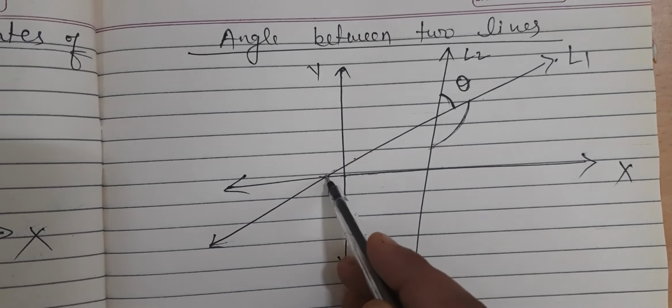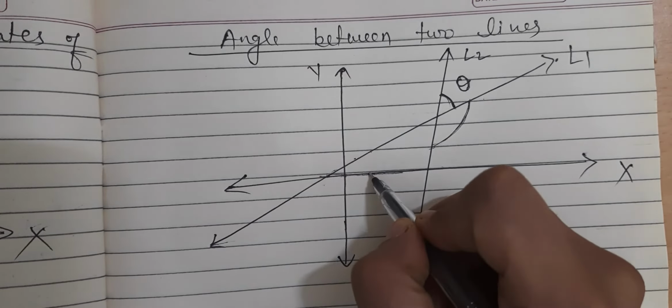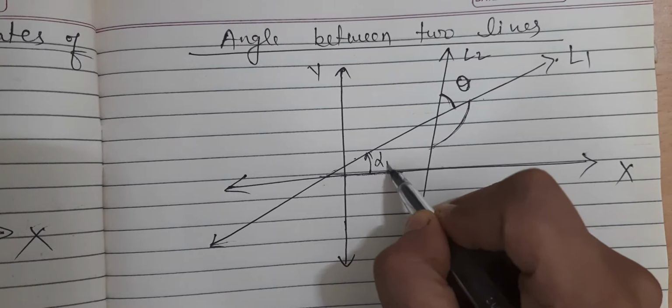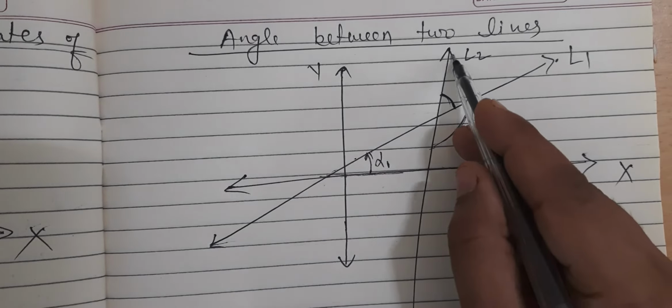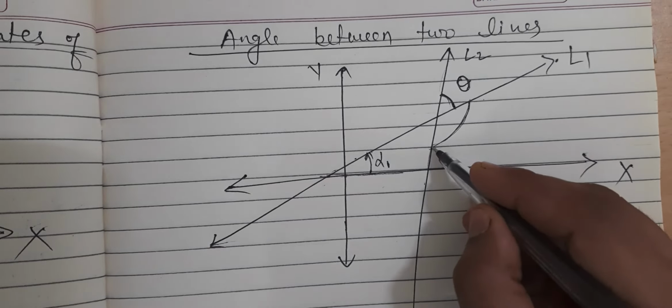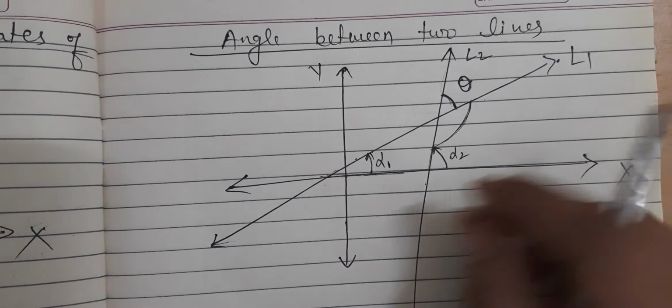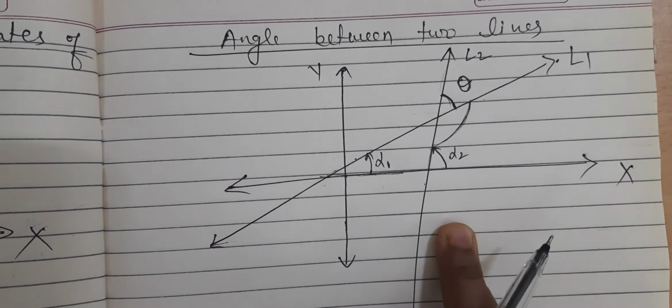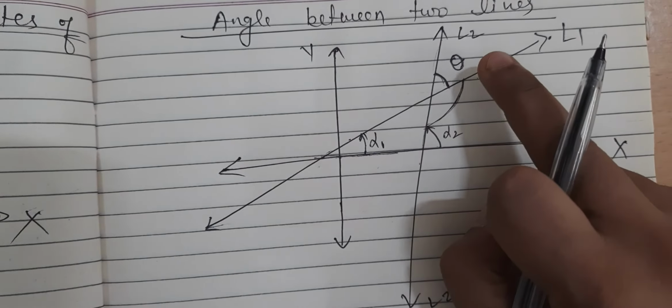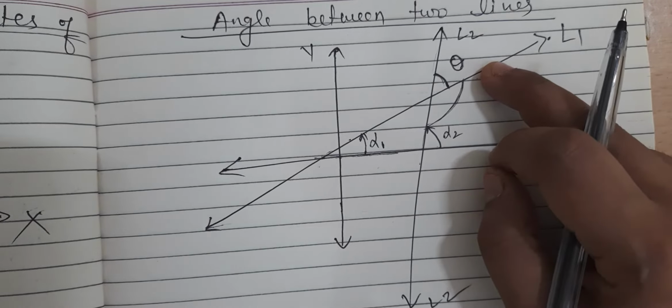So let the angle between line and x-axis be alpha 1, and let the other be alpha 2. So these are the slopes of lines L1 and L2 respectively, and we have to find the angle between the lines, theta. So the formula is here.